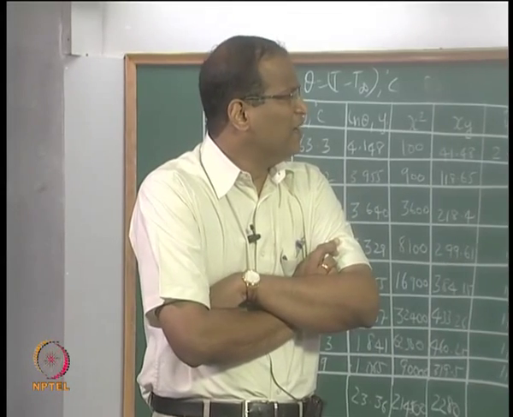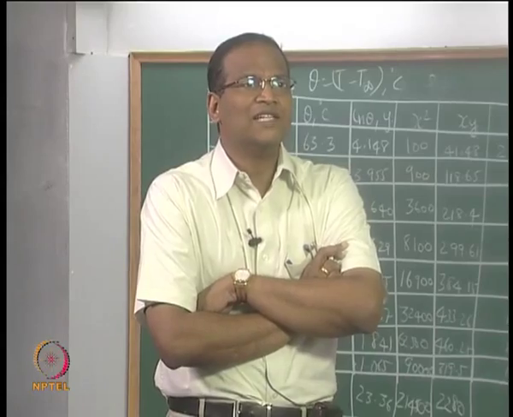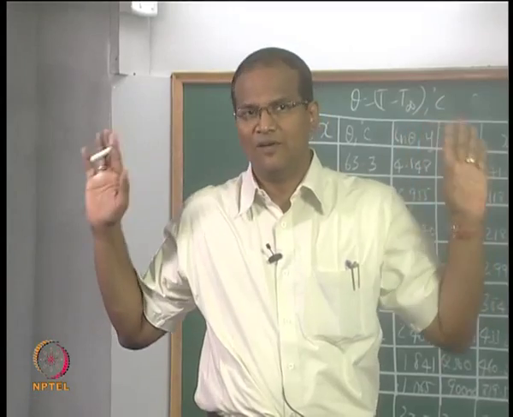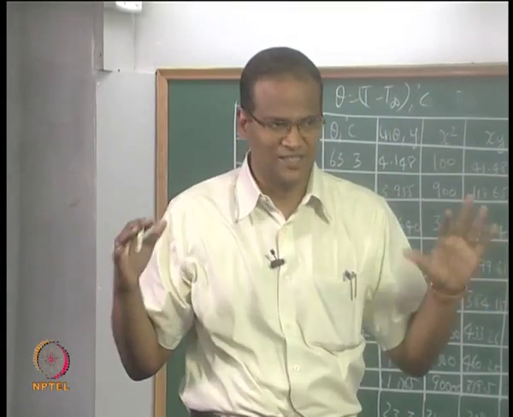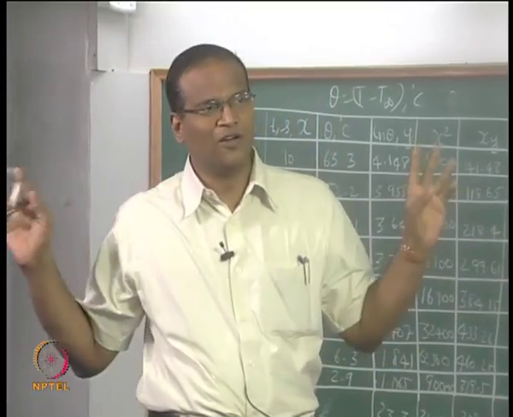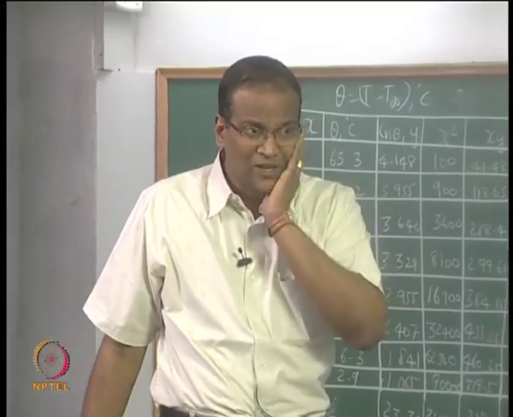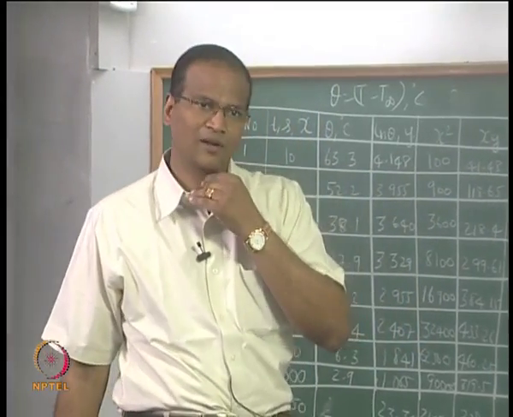But if you have Nu equal to A Re to the m Prandtl to the n plus C something, then you are sunk, then it becomes a nonlinear regression. So for certain kinds of problems you can do all these tricks, these will all work. Beyond a certain point you have to throw up your hands and go for nonlinear regression. It is not that it cannot be done, you have to do nonlinear regression, which is a little more difficult, alright.